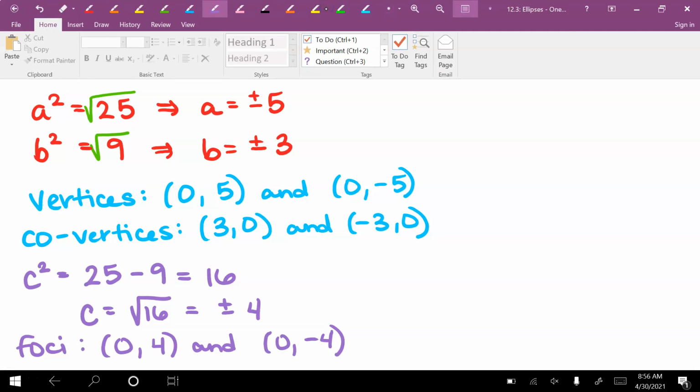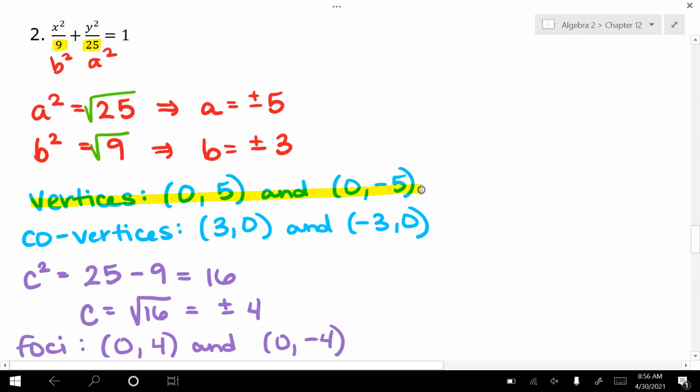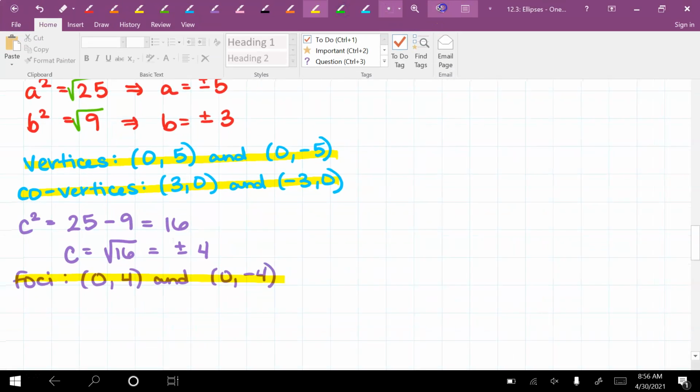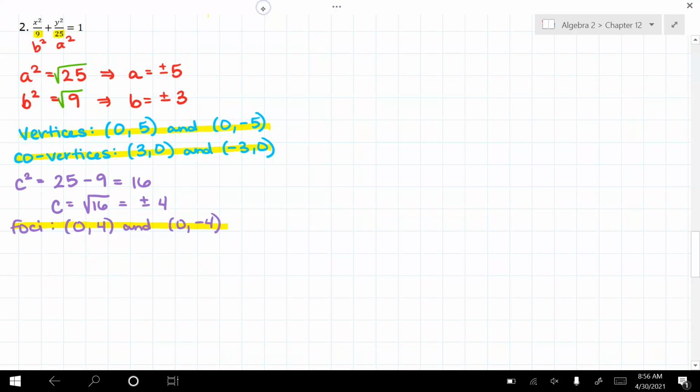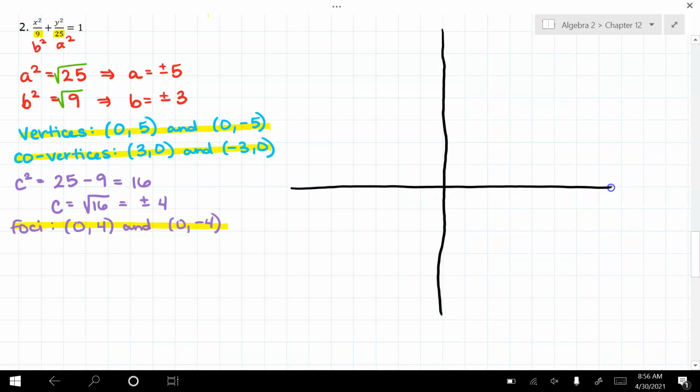Okay, and then again, now that we've got all that information, what I need to graph are my vertices, my co-vertices, and my foci. So vertices, we're going to go up 5 and down 5.